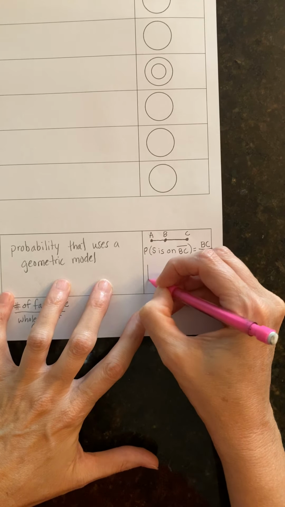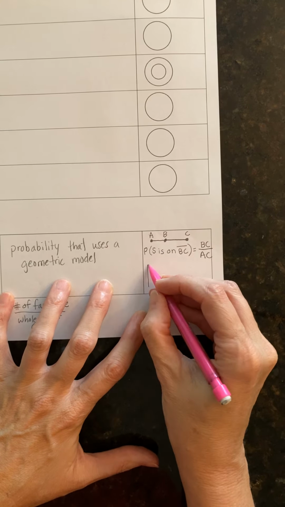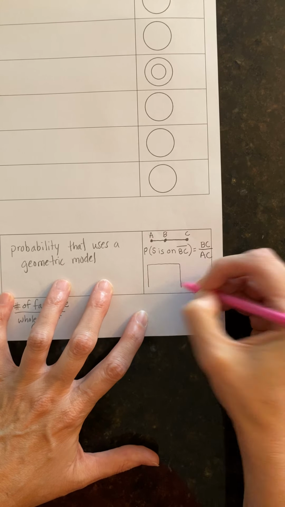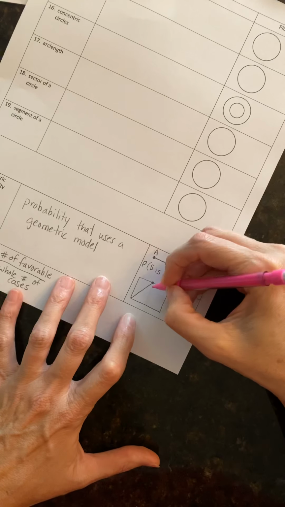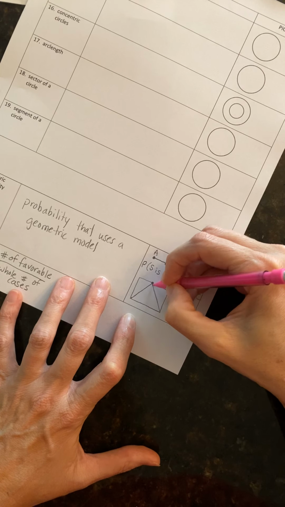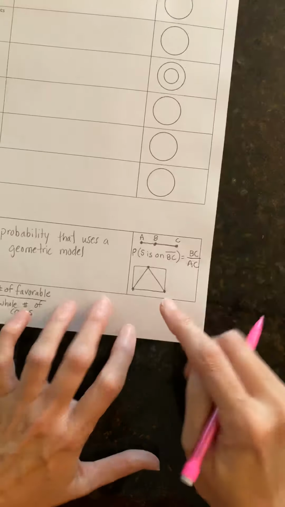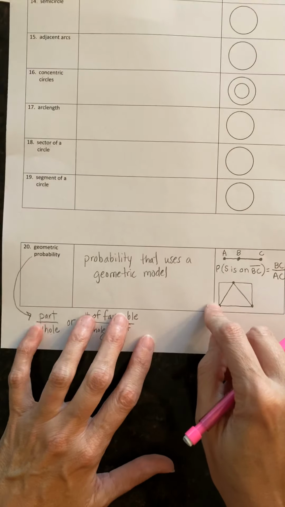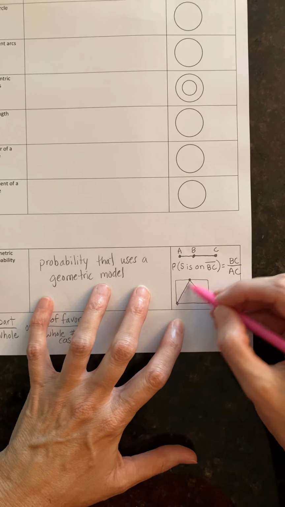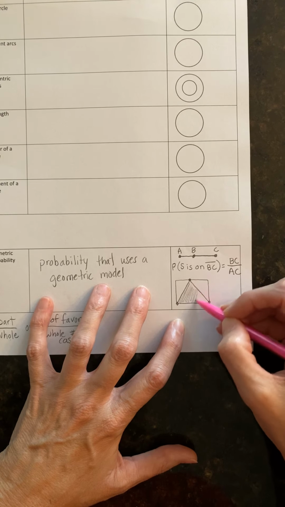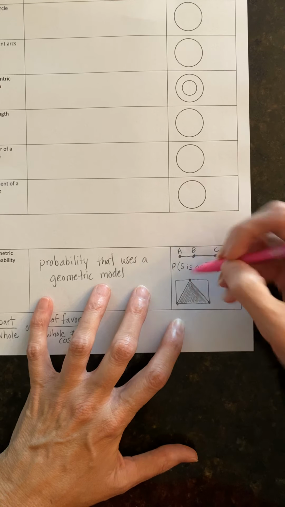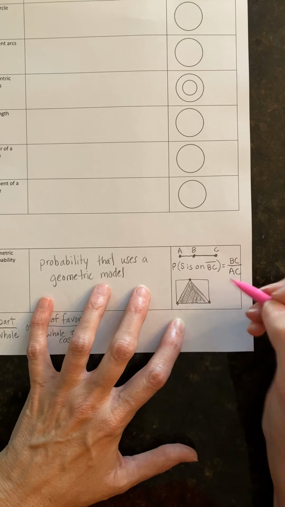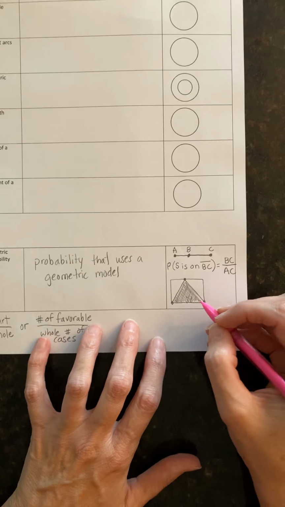And then the other type of model, so one model would be a number line. The other type of model would be from a shaded region like this. And now you can see why they're putting this material, geometric probability, in the area chapter, because the question will look something like this. What's the probability that if you choose a point at random from this entire rectangle, the probability that it will lie in this shaded triangle, or shaded region, they might say.